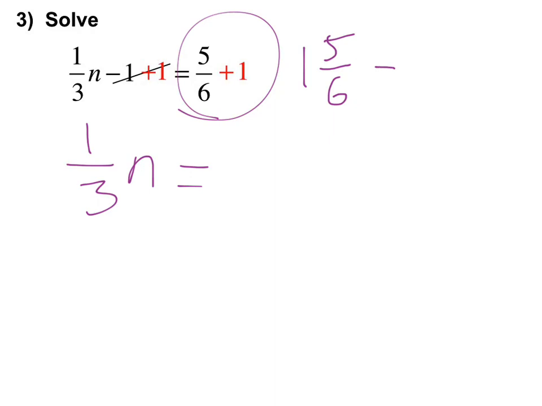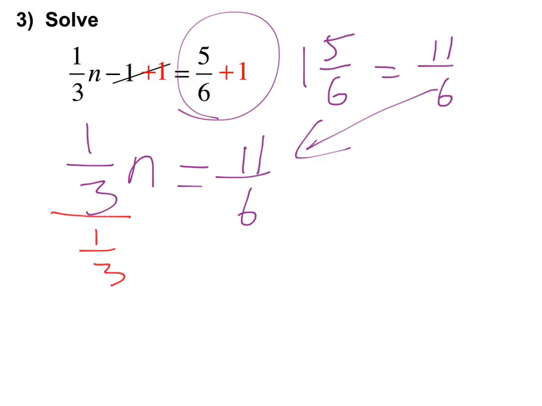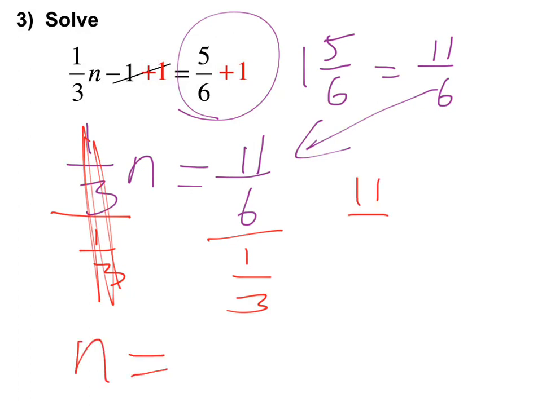Now I need to turn that into an improper fraction, and so that's what's going to go right here. And then from there, I need to divide both sides by 1/3. I made 1 right here. So now I need to figure out what 11 over 6 divided by 1/3 is. Top number divided by bottom number.